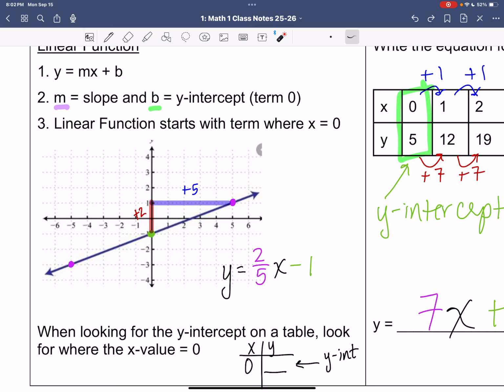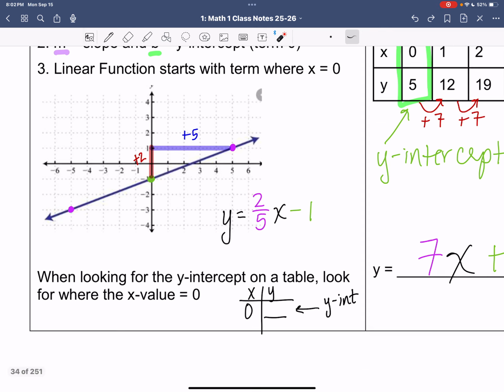So we're going to go right here, and then your slope's going to tell you what to move. So since this is -1, that's your b value. And now I went up 2, but from here I went to the right 5. So remember, we said it's y over x, which is 2/5.